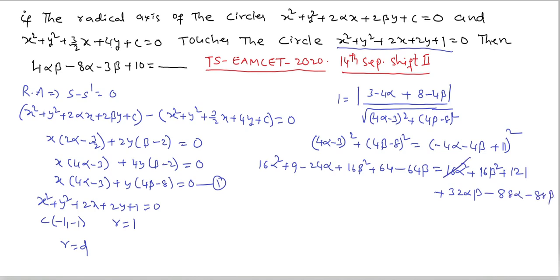Here 16 alpha square plus 16 beta square are cancelled on both sides.